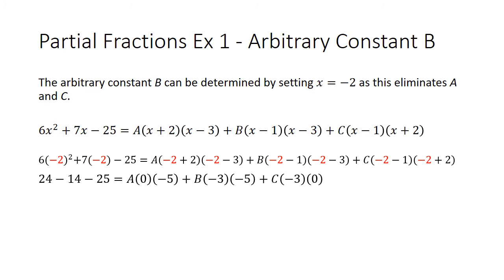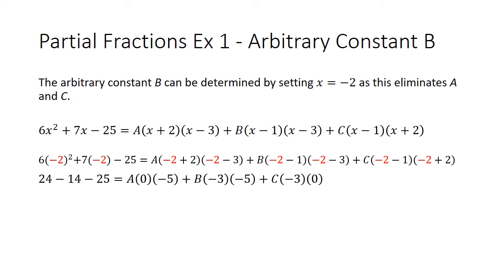So if we go from left to right, we have 6 times minus 2 squared is 4, 6 fours are 24. 7 times minus 2 is minus 14, and we bring down our minus 25. That is equal to A times 0 multiplied by minus 5, plus B times minus 3 by minus 5, plus C times minus 3 times 0.